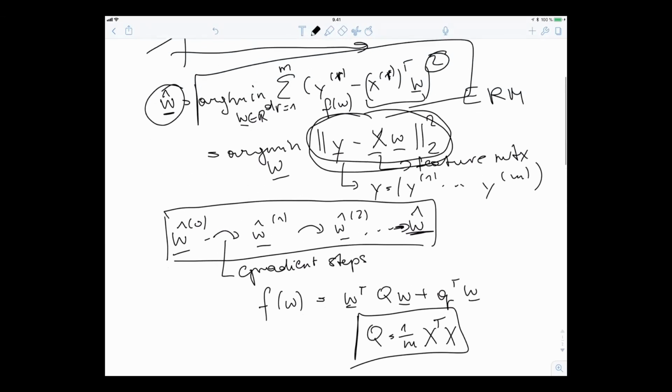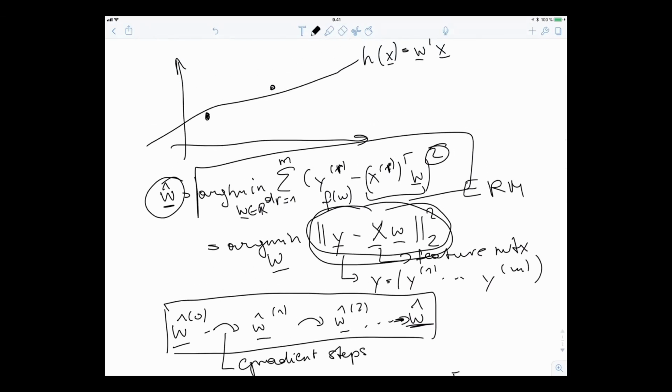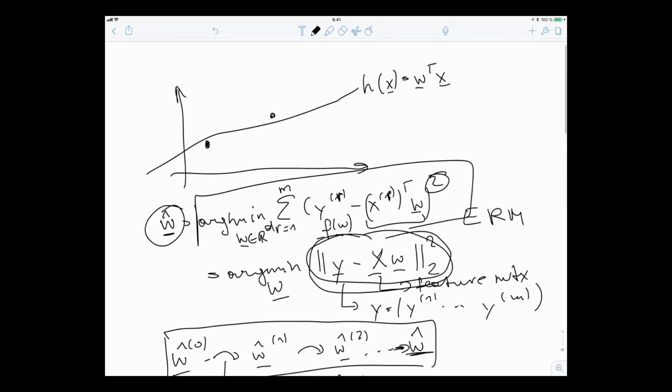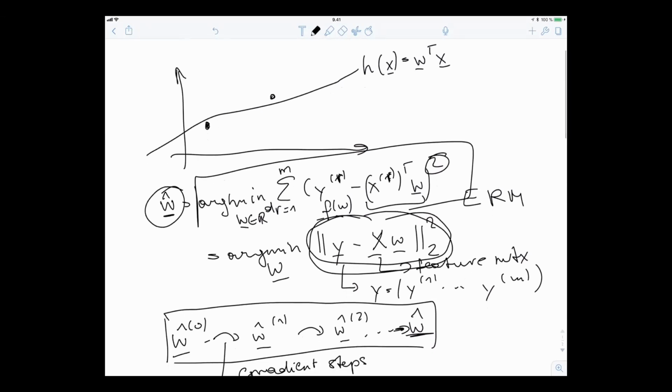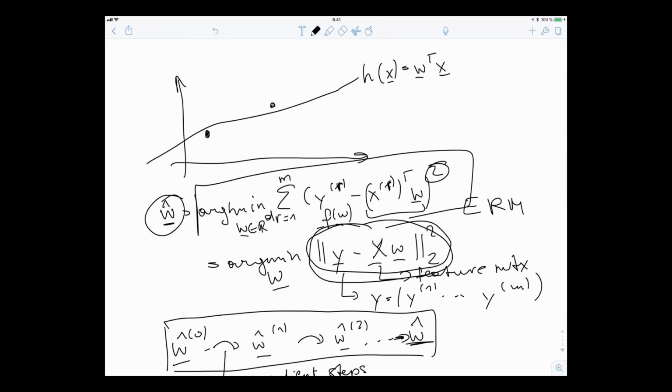Okay, but besides the challenge of actually computing the minimum in machine learning, we are also interested in statistical aspects. I like to think of machine learning as a blend of statistics and computational optimization theory. So the statistical question is: this solution, this actual hypothesis that I learn by solving this problem, is it any good?